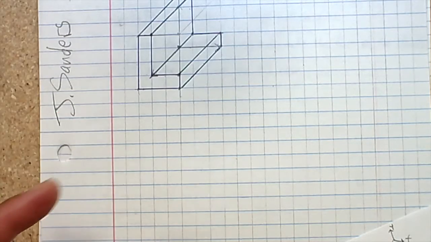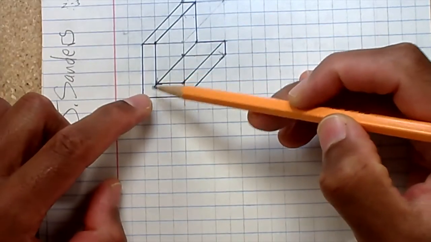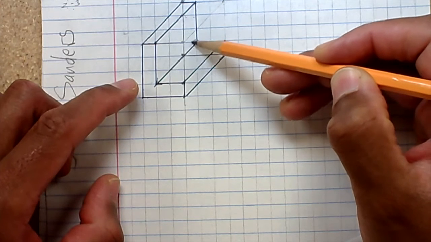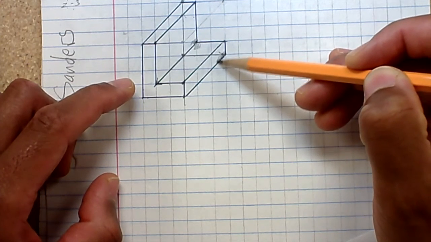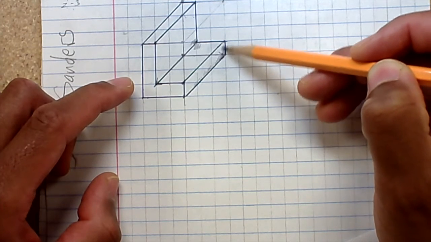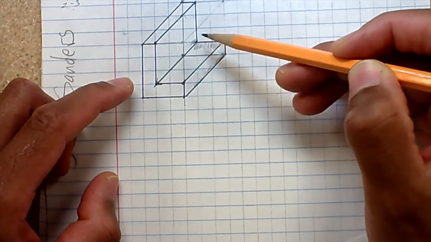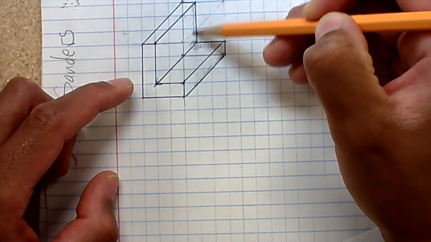If you think about the light coming this way, then we can say, okay, well, the front of the object would be lighter. In the back, you may not get as much light. And at the bottom, you may not get as much light. So we can shade those areas. And that adds depth to your object. It makes it a little more 3D.